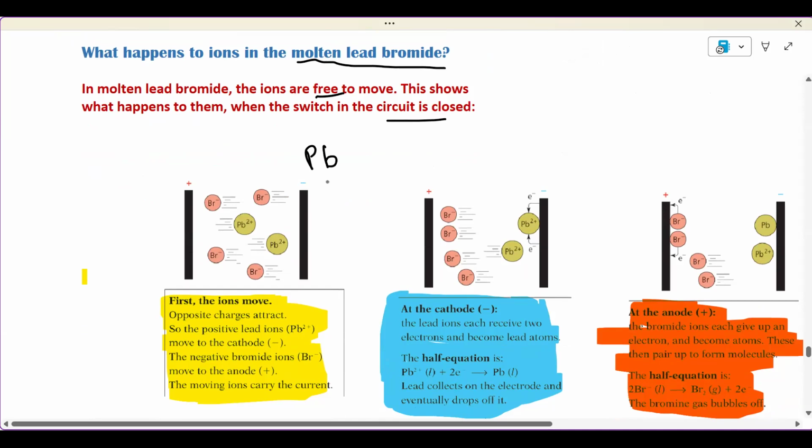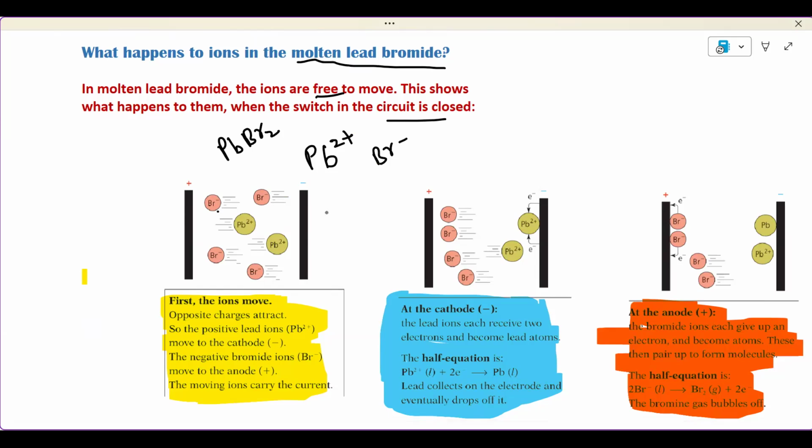Ions would be Pb2+ and Br-. The formula is PbBr2. So we can see the bromide ions here in the solution and lead ions are also here.